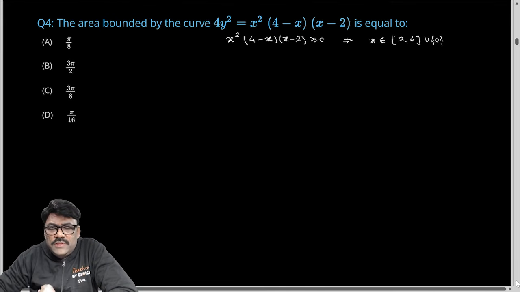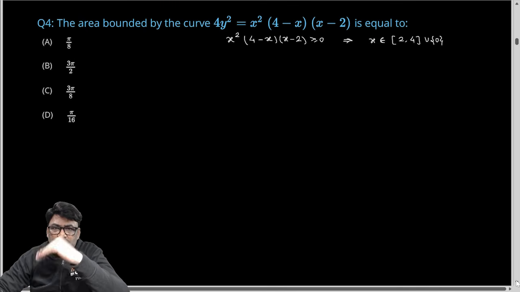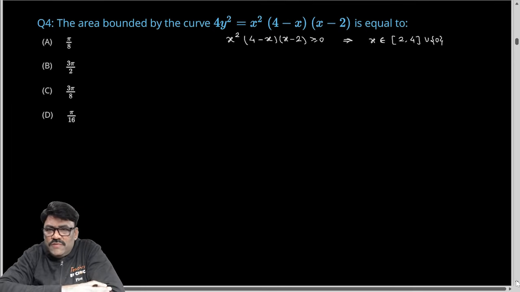One more thing you can see is that if I replace y with −y, there is no change in the curve. That means this curve is symmetric about the x-axis. So just find the area above the x-axis from 2 to 4 and double it, and you will get your area.